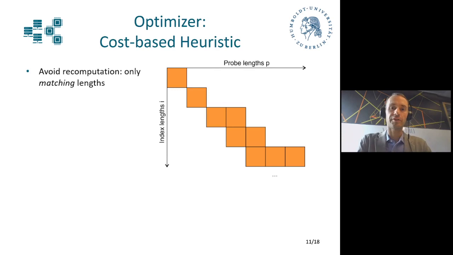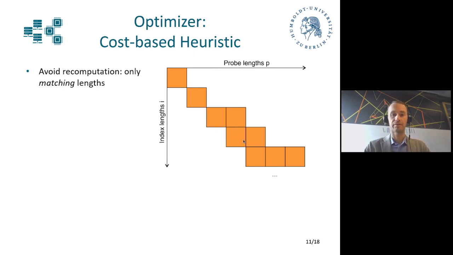This is the core of our optimizer. It's a cost-based heuristic to distribute the computation costs as evenly as possible. The basic idea of it is the length filter. This is a join matrix here based on the lengths of the records. In order to get a full result, we need to join all the lengths, like in this case length 1 and length 1, length 2 and length 2, length 2 with length 3, and so on and so forth.